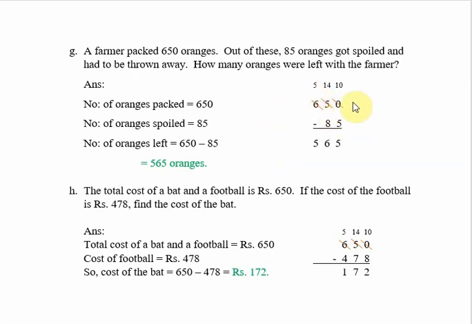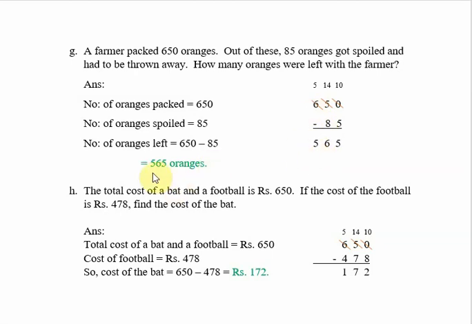650 minus 85. So, 0 minus 5 not possible. So, borrow 1 from here and 5 will become 4. So, 10 minus 5 is 5. 4 minus 8 is not possible. Again borrow from the hundreds place to make it 14, and here it will become 5. So, 14 minus 8 you will get 6, and 5 minus nothing is there. So, bring down that 5 here.